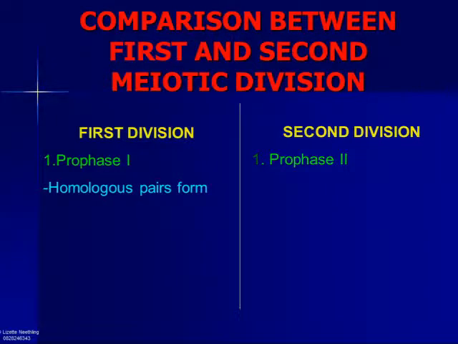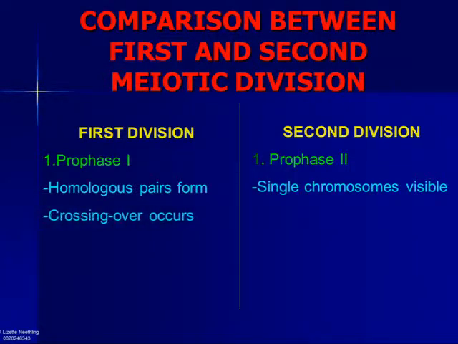Now remember in prophase 1, we had pairs of chromosomes, while in prophase 2, they have divided and we have single chromosomes. In prophase 1, crossing over occurred, and in prophase 2, there's no crossing over. So you can see there are many things you can write if they ask you a comparison.